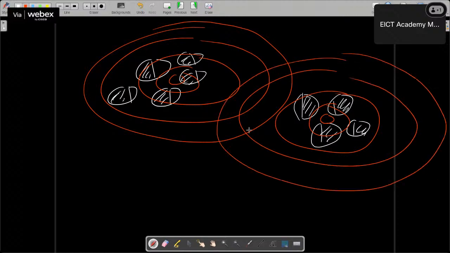Okay, that is a combined effect of the left sided and right sided.